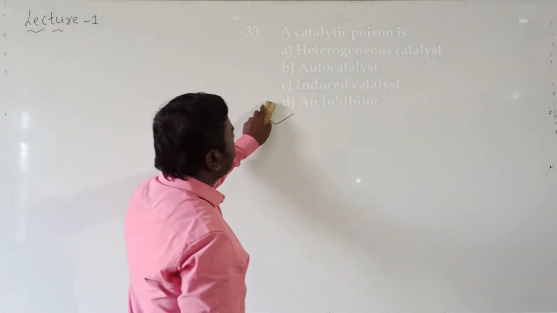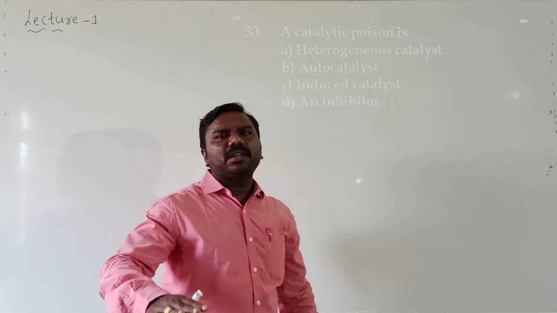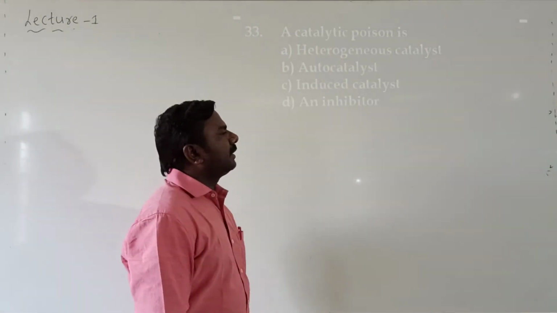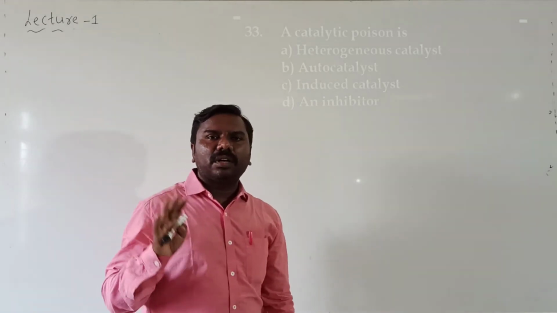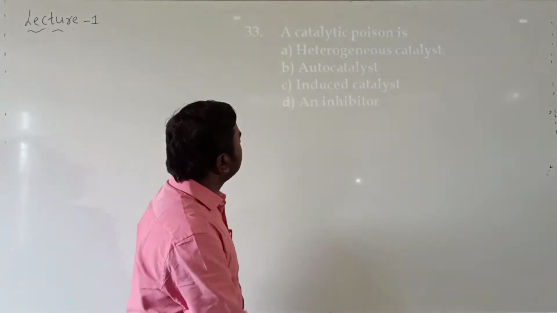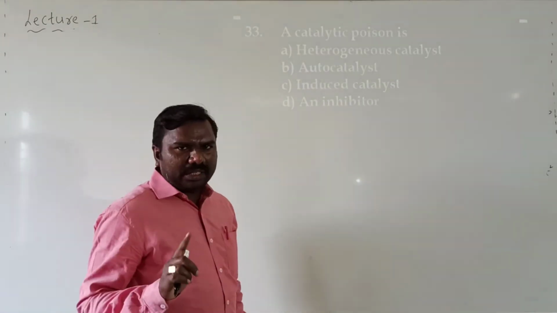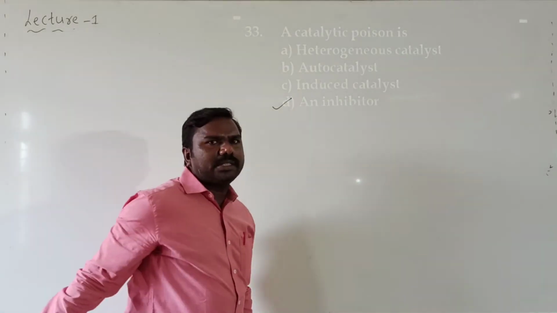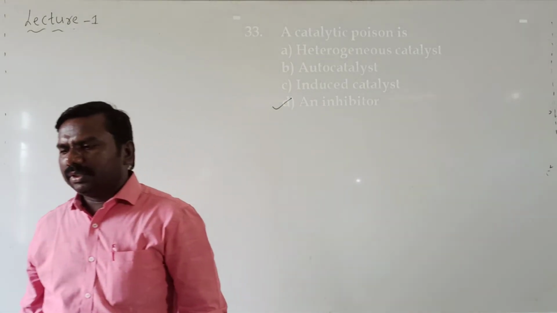A catalytic poison means it decreases the rate of your reaction, the speed of your reaction. Next, it means it decreases or inhibits the activity of a catalyst. Yes, it inhibits the activity of a catalyst, so it is an inhibitor for the catalyst. Okay.